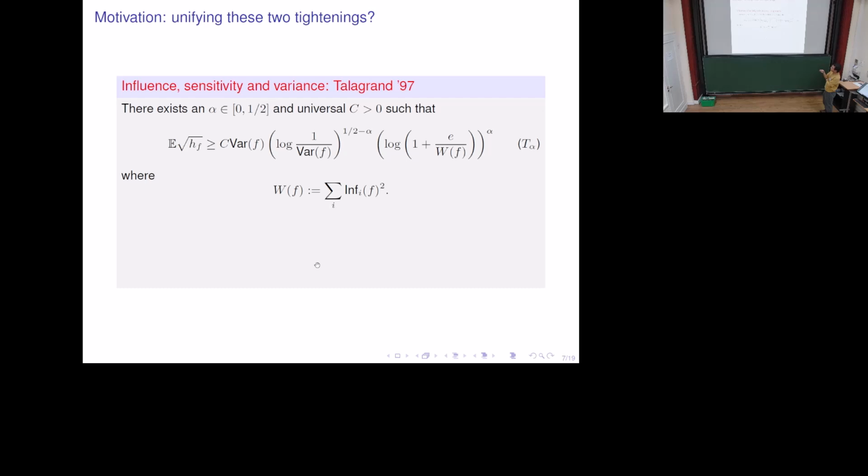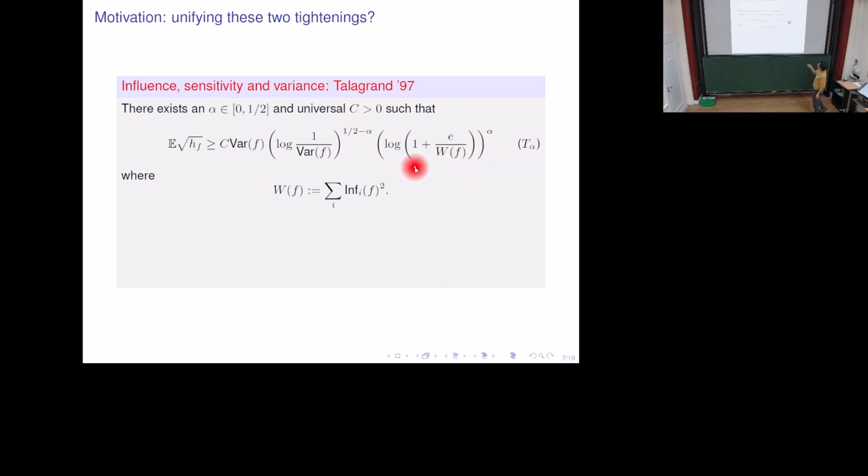If you compare with the previous Talagrand inequality strengthening Poincare, you still have this expectation of the square root of sensitivity on the left-hand side. Now the lower bound, apart from this variance, together with this universal constant, you also have some strange terms, essentially some weighted geometric mean of some logarithmic terms: logarithm of 1 over variance and logarithm of something divided by this W of f.